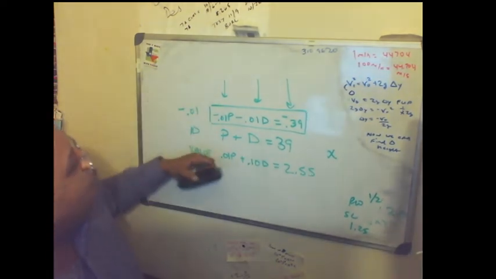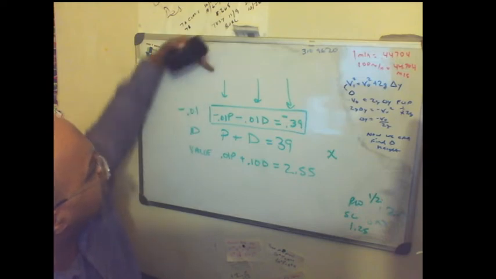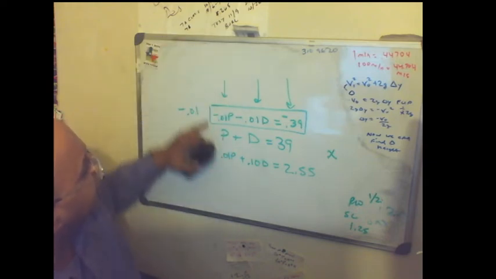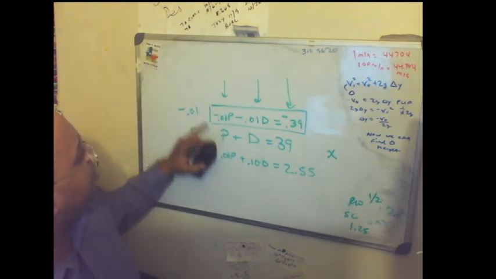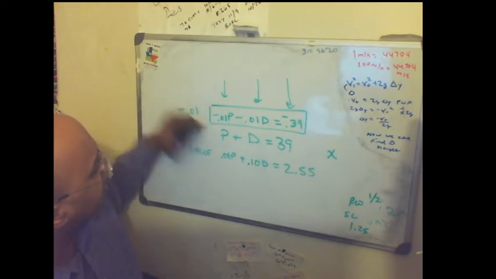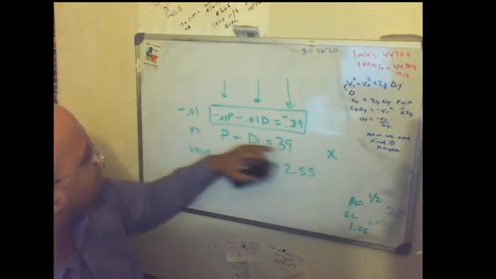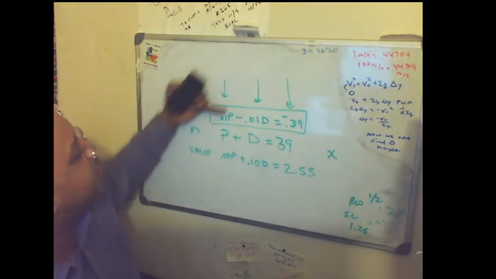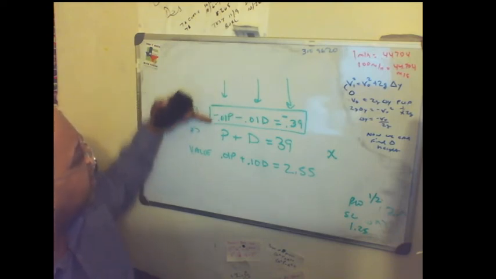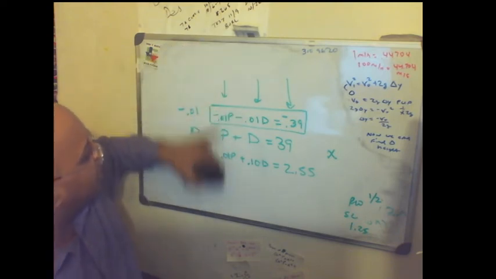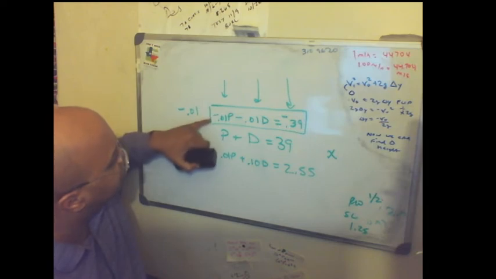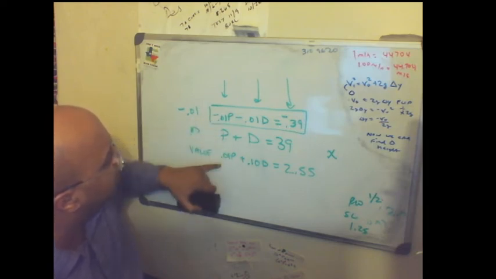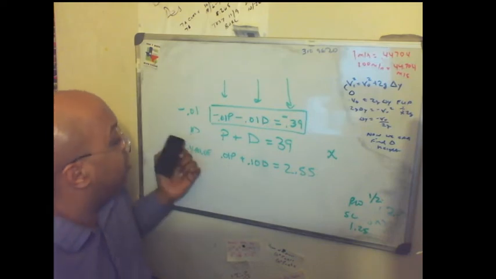So now we're going to add vertically. The reason I made it negative is that we're going to forget about the middle ID equation because we've manipulated it by multiplying it. When we add vertically, we eliminate the P's because negative 0.01 P added to 0.01 P is 0 pennies.